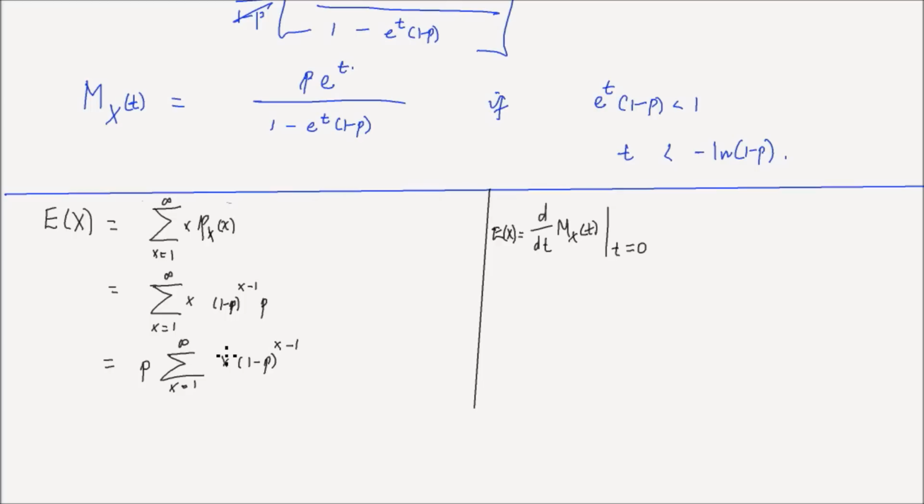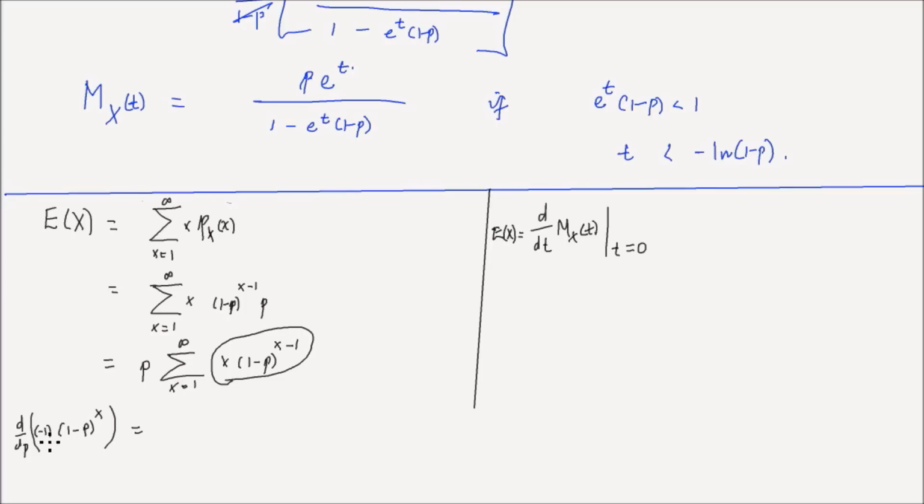If you look at this expression carefully, that looks very similar to the antiderivative of 1 minus p to the power of x times negative 1. What I mean by that is, if you actually take the derivative with respect to p of that expression, you would get x times 1 minus p to the power of x minus 1.